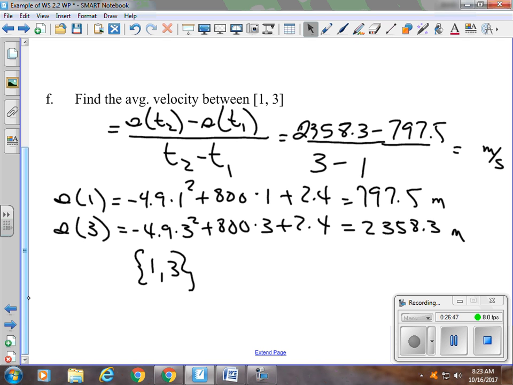And this is something they actually put in table form sometimes on the AP test. They'll give you a table and say, I want the velocity at 5. But there's no 5 on the table. But 5 might be between 2 numbers. Well, you can find the average velocity, and that'll be about what it would be. So instead of giving you 2 numbers to go between, they give you a table that you pick the 2 numbers out of and say, well, this is what the 5 would be because it's between 3 and 7.